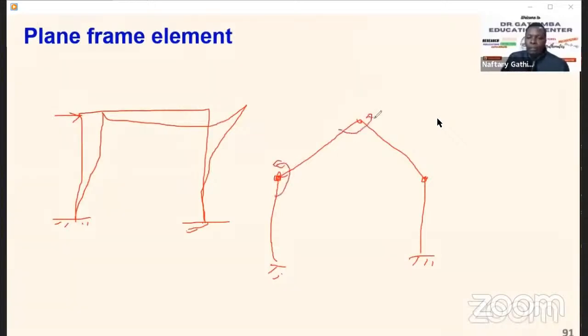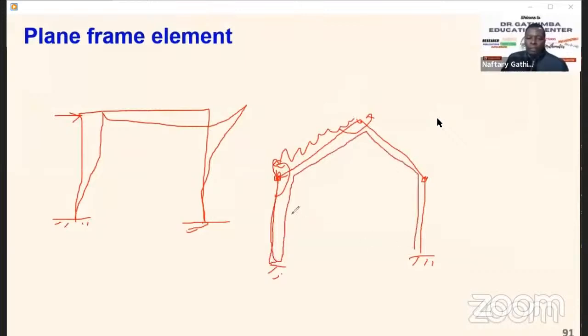If you take a typical portal structure, maybe a factory setup with wheel loading, we may have a UDL here, and it's a portal frame, maybe of concrete or steel.